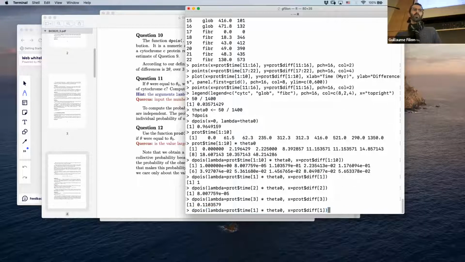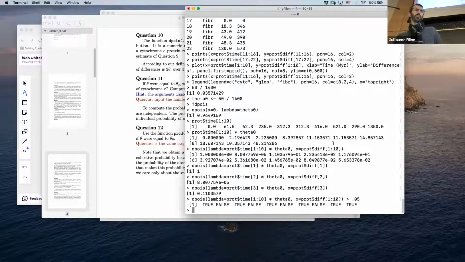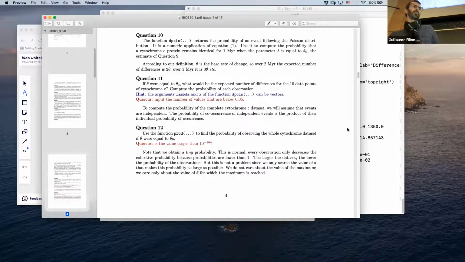Input a number of values that are above 0.5. So here, that's something that we've seen before. It's just because Quarkus doesn't like numbers that are of the order of 10 to the minus 5. It's not going to take so many digits, so I need to give it something else. So if we do this, you can see true, true, true, true, true, true. That's really the numbers below.